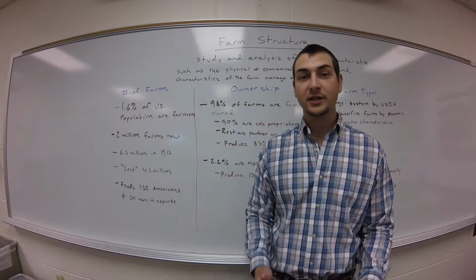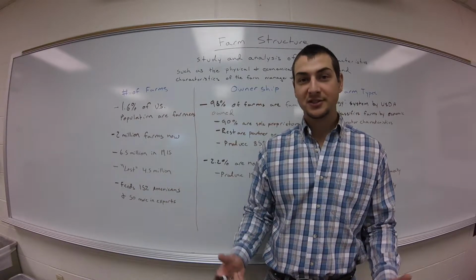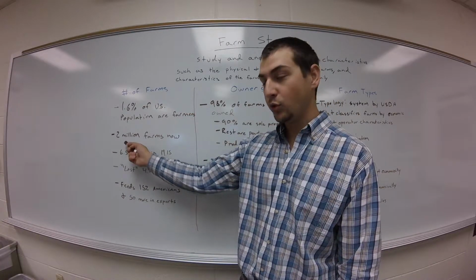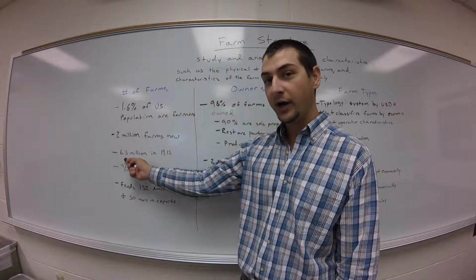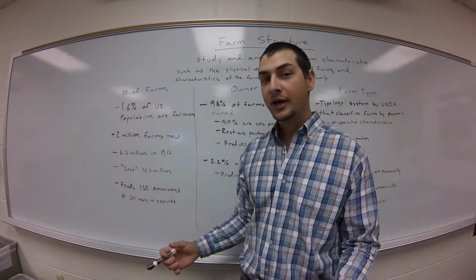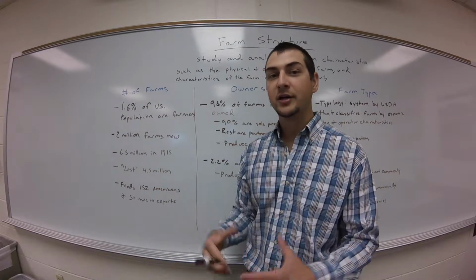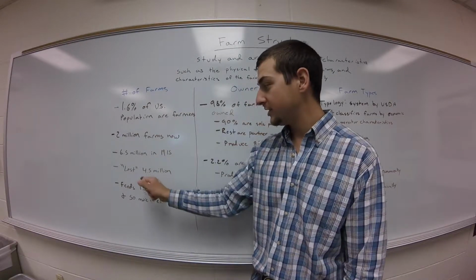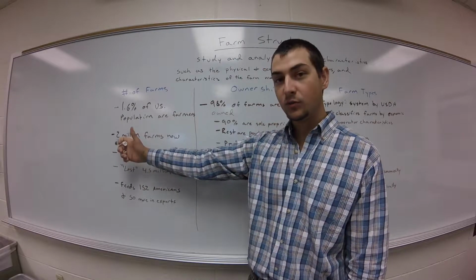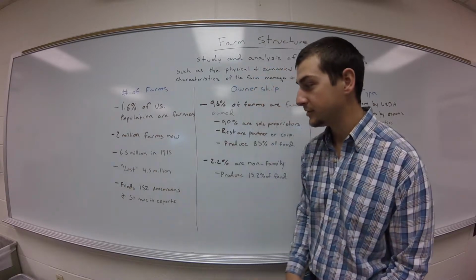Well, we really didn't lose those farms. We just consolidated them. We had these 2 million farms basically absorb those 6.5. So now what happened is we had a whole lot of farms, and then we had a few individuals start buying up those farms. So now rather than seeing 6.5 million smaller farms, we see 2 million rather large farms in the United States.